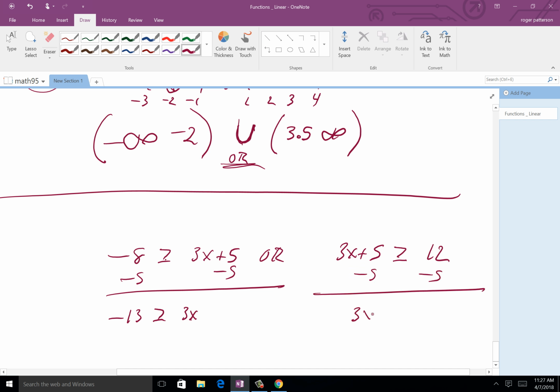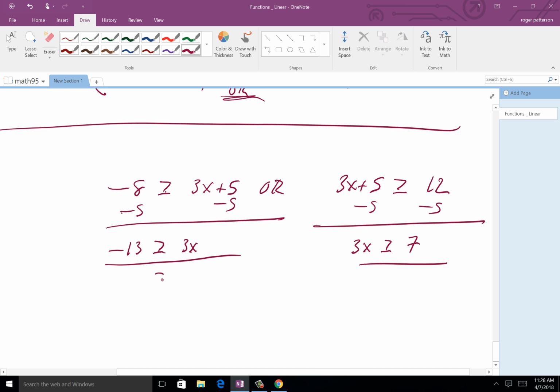Okay, so if I graph these, negative 13 thirds less, so it's going to come back towards me. 7 thirds greater, it's going to go that way, so they're going to be split.